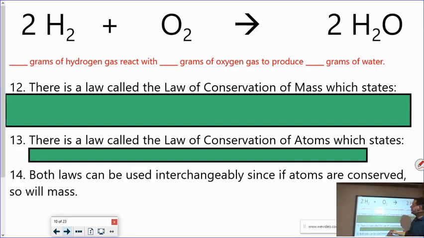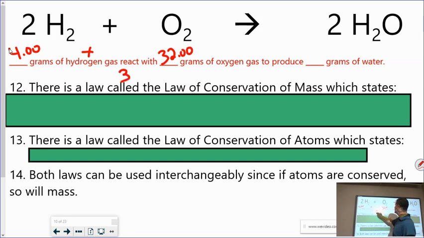So let's figure this out. We had 4.00 grams of hydrogen. And what did we have for the oxygen? We had 32.00 grams of oxygen. If we add those two together, that gives us 36.00 grams on that side.